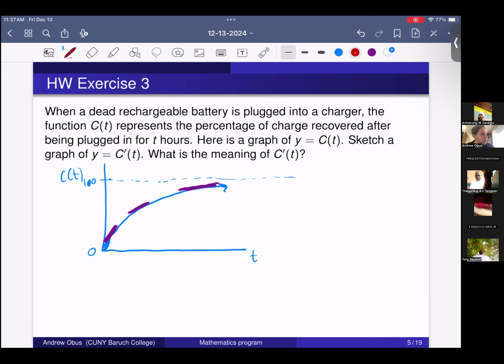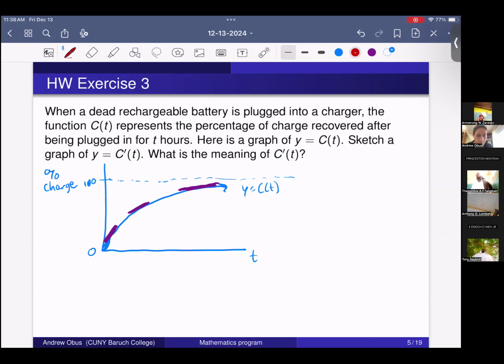So if this blue here is y equals C of t, maybe I won't call this C of t, I'll call this percent charge. So if this is C of t, then in red, what's really going on here? It starts by recovering the charge very rapidly, and then as time goes on, the charge is recovered more and more slowly.